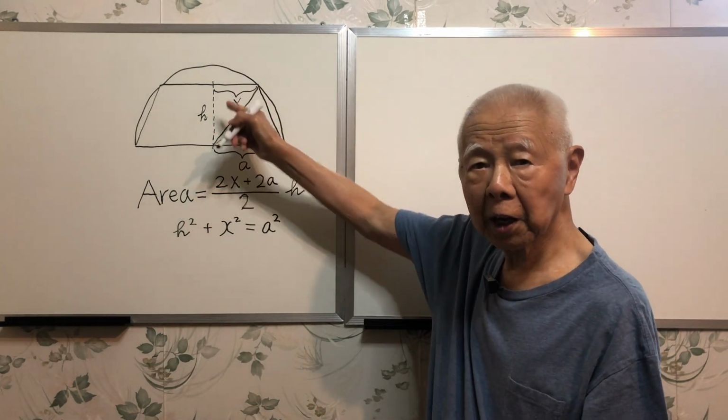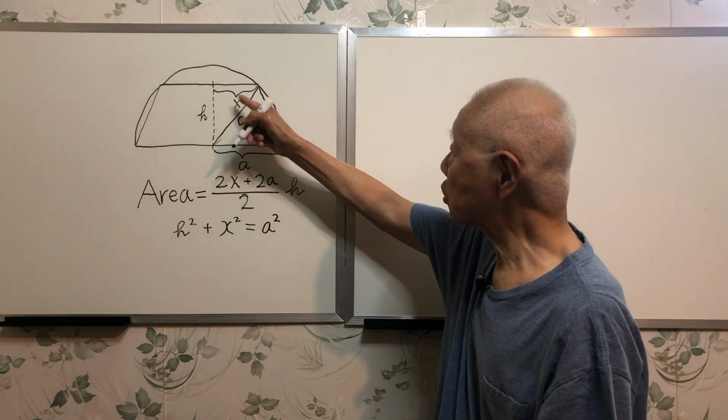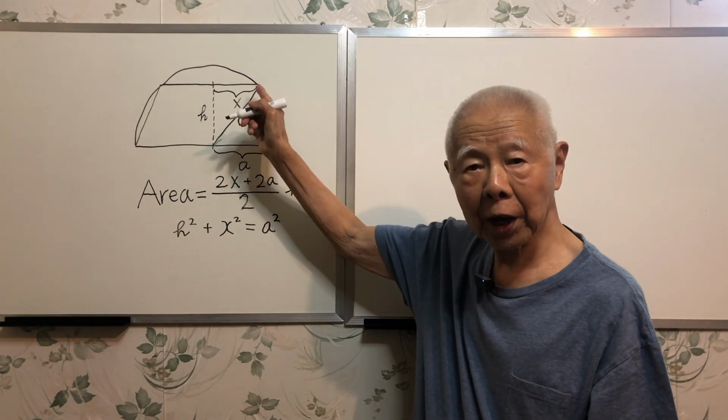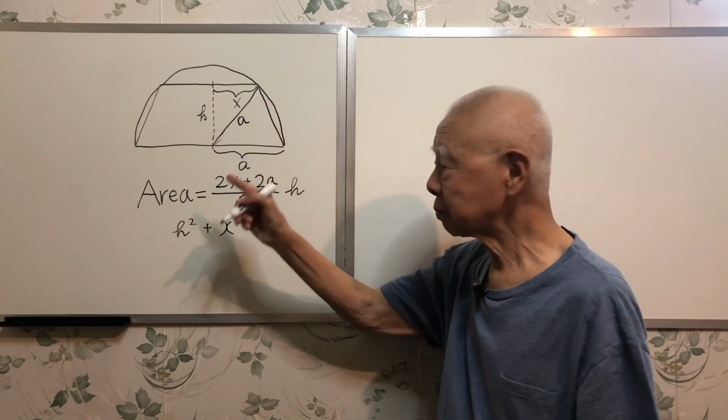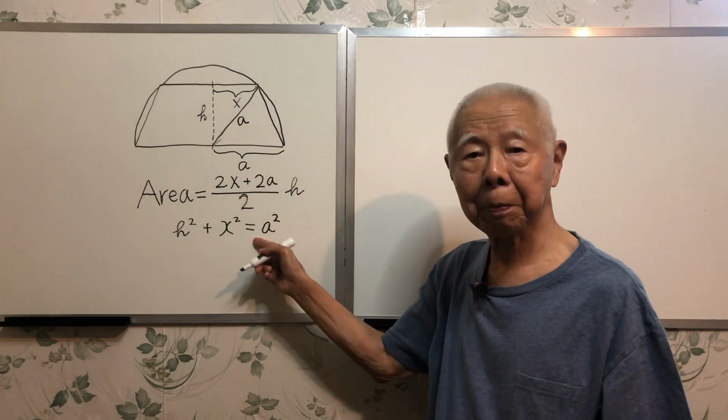H squared plus x squared should equal the hypotenuse squared. So this is the Pythagoras theorem.